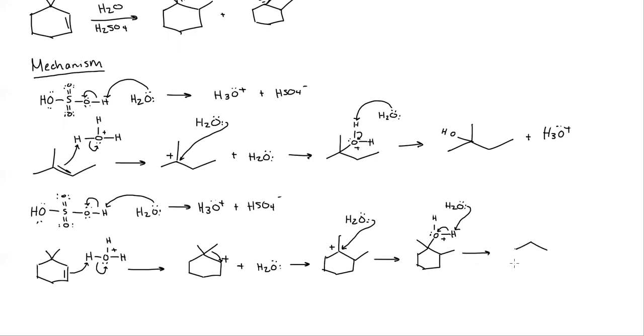So then I form my final product, which was this one, right? I form both enantiomers. And then I also get H3O plus. And that's it. So that's the entire mechanism for both of the reactions that we looked at, okay?